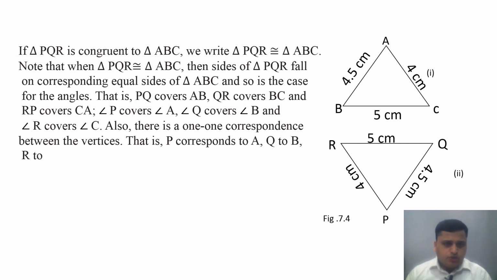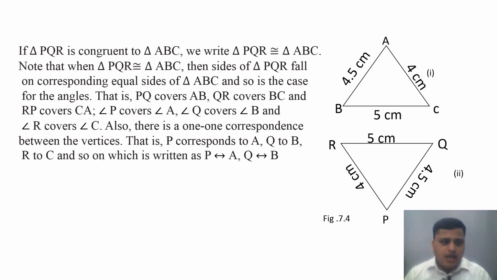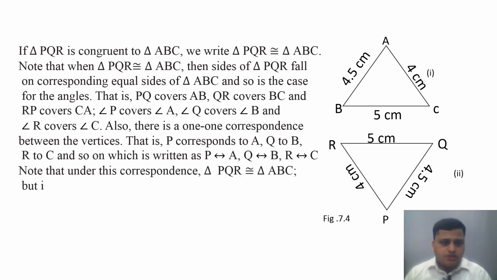After this, you can say that PQ covers AB, QR covers BC and RP covers CA.